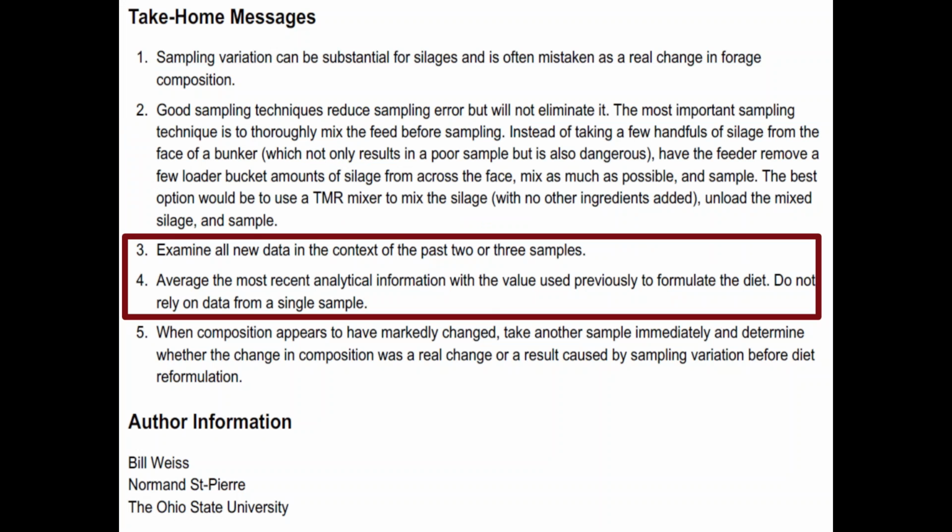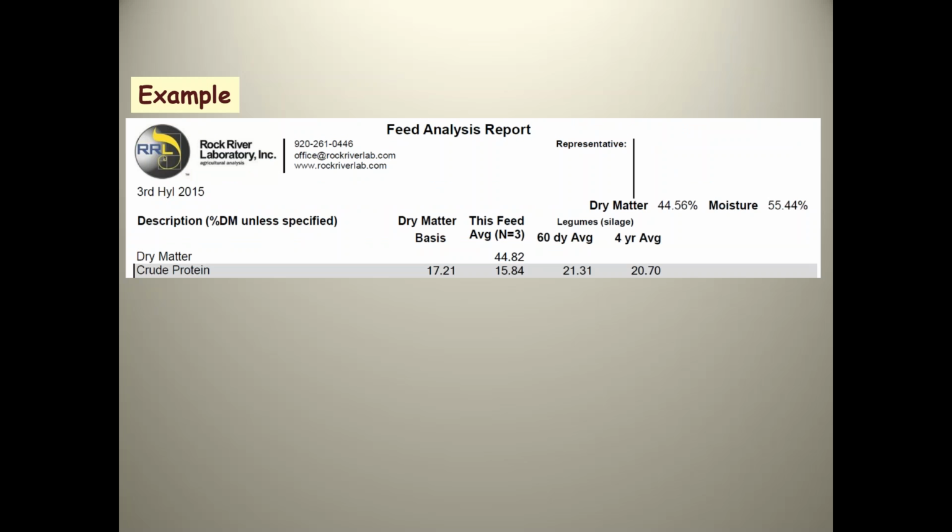It just results in less dramatic swings in the formulation. Obviously, if you're switching from one bag to the next, you would switch to the new analyses. But within a silo, basically using a rolling average versus the individual sample that's coming out. And that's certainly been adopted, or is being adopted, by a lot of the nutritionists.